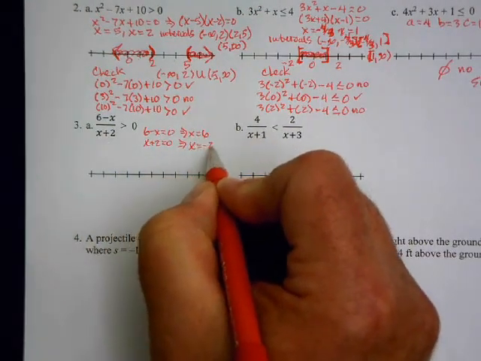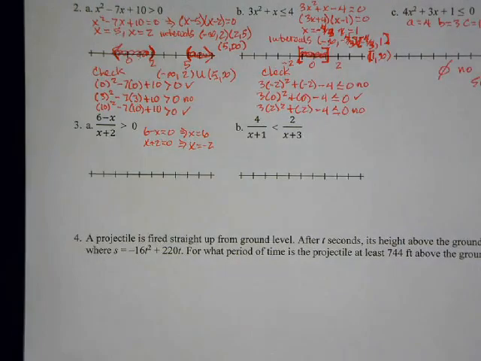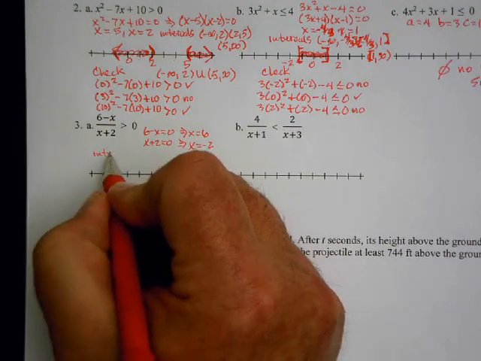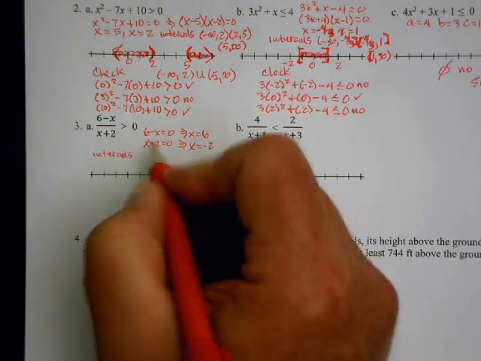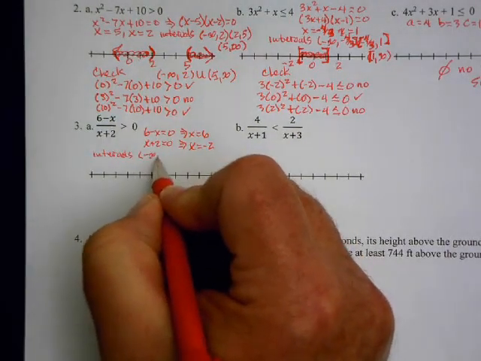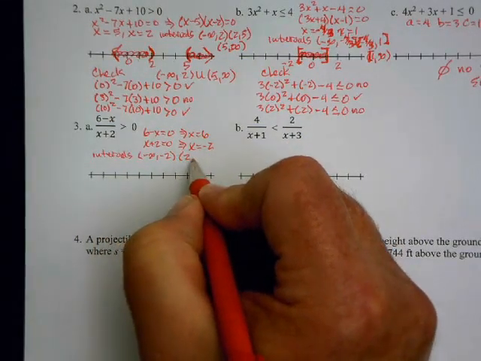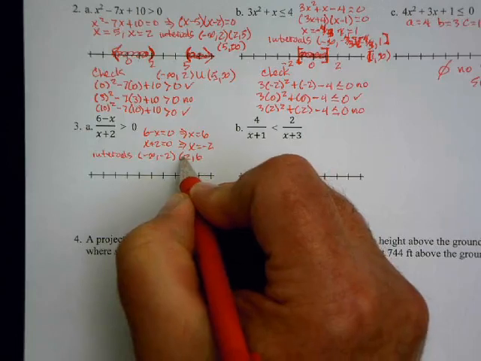So my intervals are going to be from negative infinity to negative 2, negative 2 to 6, and then 6 to positive infinity.